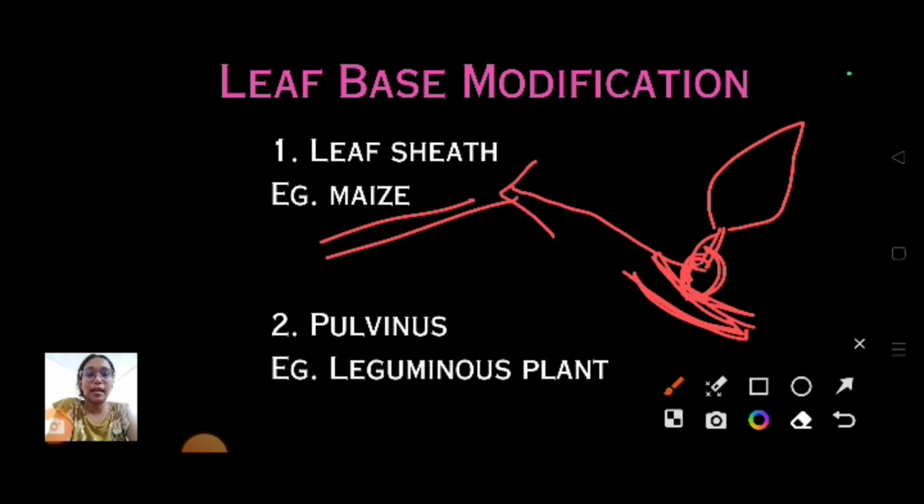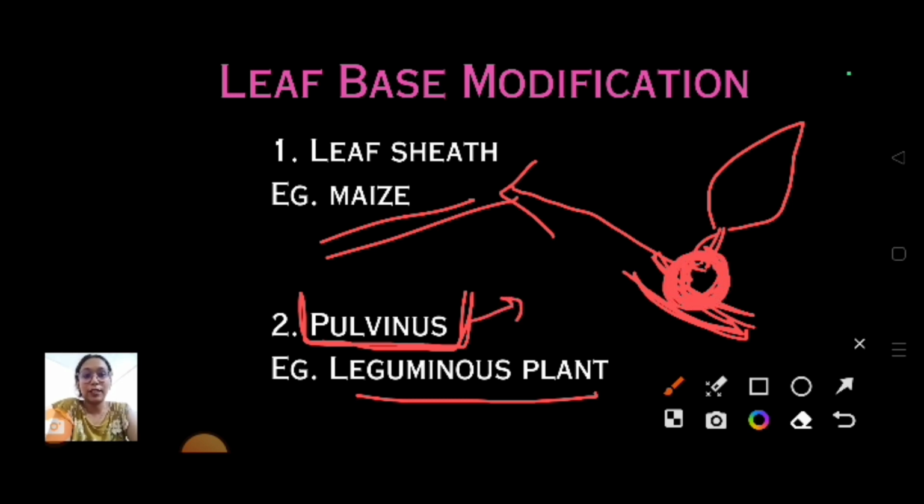And in some cases there is a pulvinus type of modification. You can see it in leguminous plants, in which the leaf base gets thickened and bulky. A bulky structure will form here, but in the case of a leaf sheath, a sheet-like structure forms.